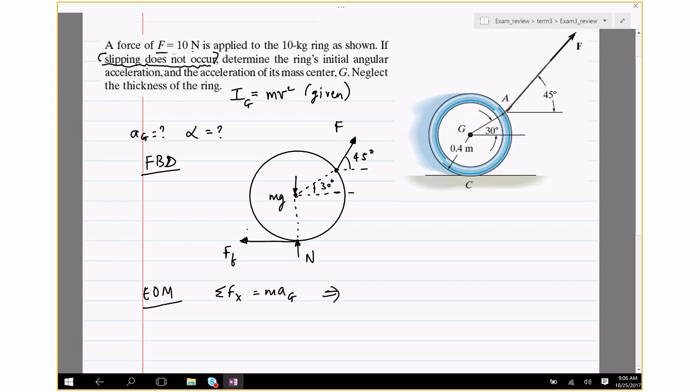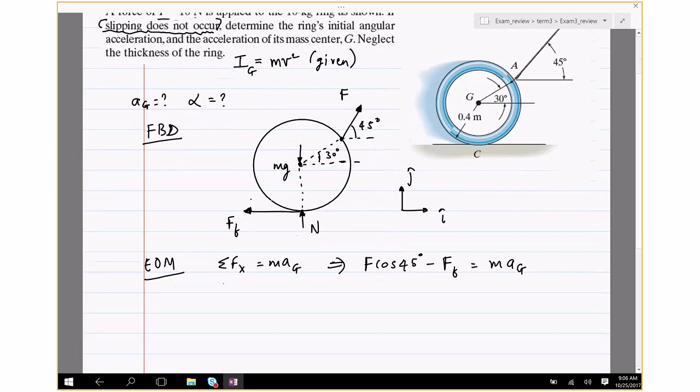So I need to find the net force in the x direction. F cosine of 45 degrees minus F friction equals mass times acceleration of G. Let me assume that this is i, j.